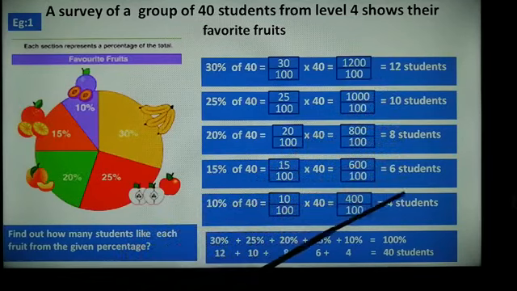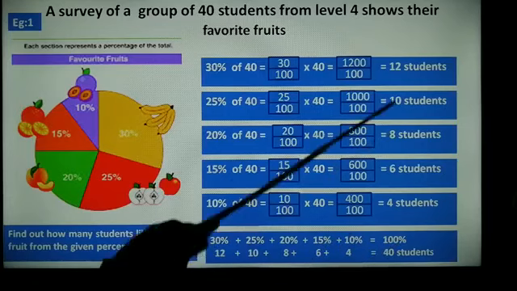Okay, now we have the number of students who like each fruit: 12, 10, 8, 6, 4. Now we learned that when you add all these percentages, you get the total, that is 100. So just check: 30 plus 25, 55 plus 10, 20, 75 plus 15, 90 plus 10, 100.